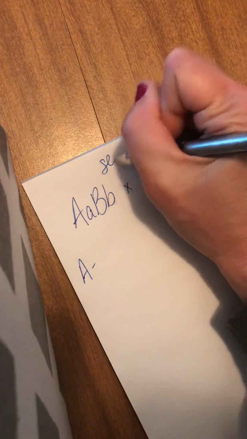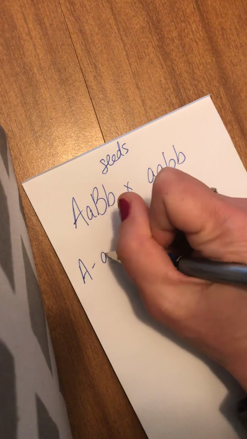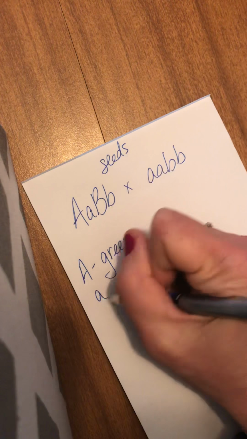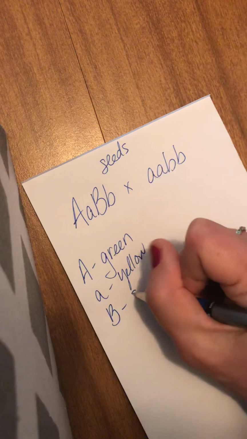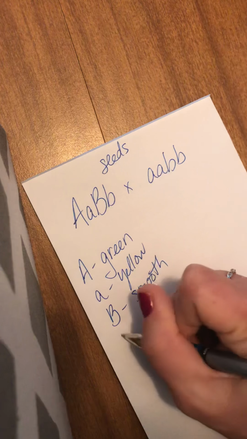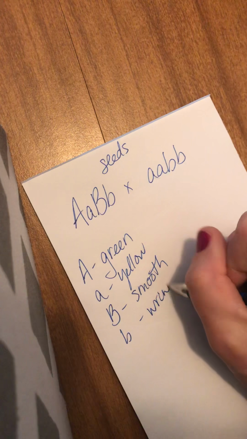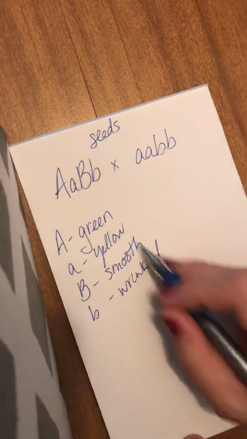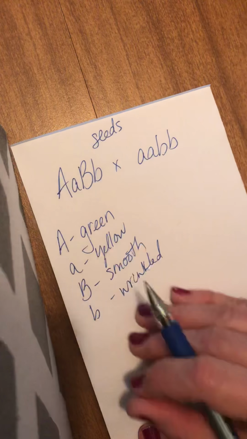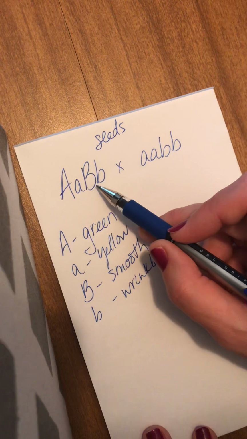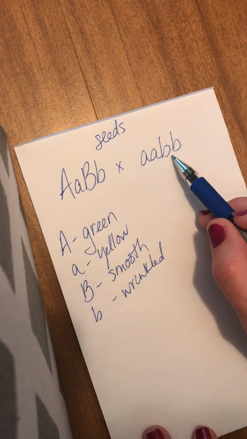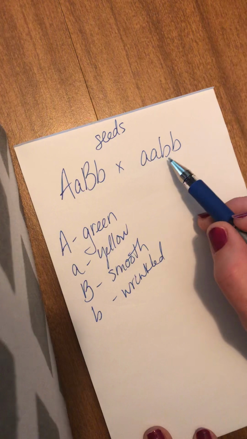Let's say we're doing pea seeds, and big A is green, and little a is yellow, and big B is smooth, and little b is wrinkled. These are the traits in my seeds.